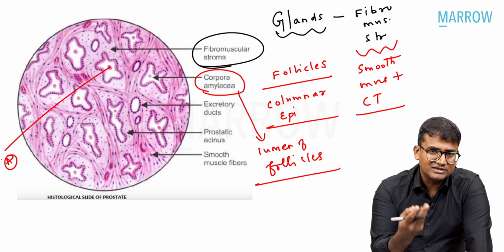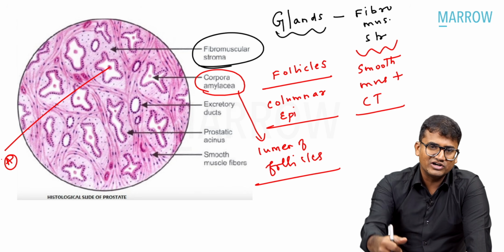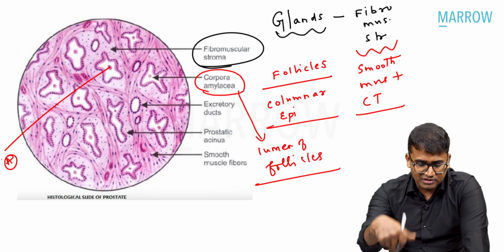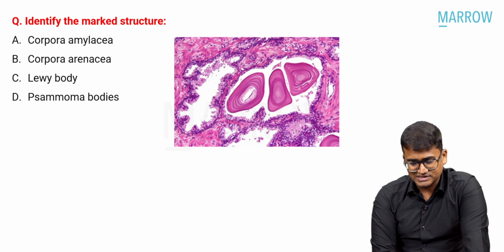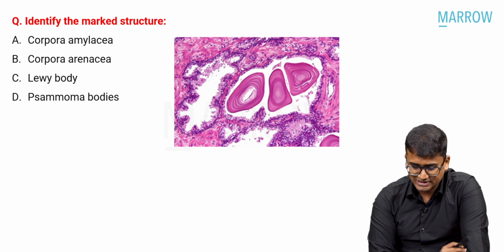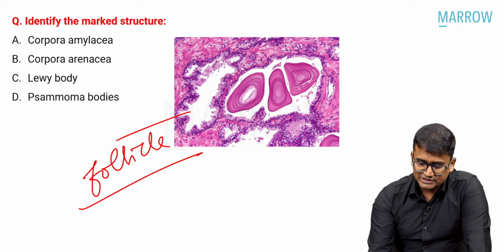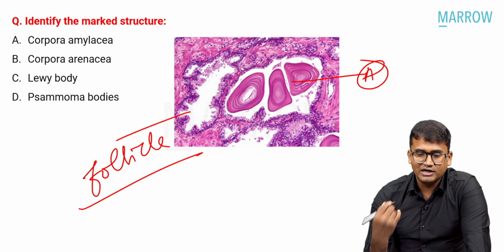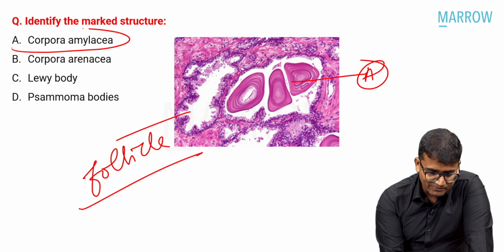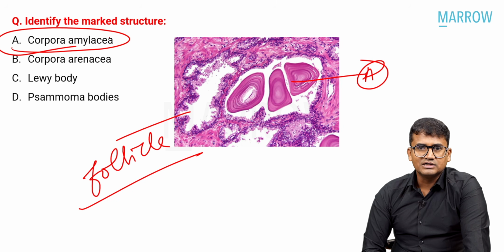They have given the follicle and we are seeing some substance inside the follicle, that is nothing but amyloid bodies or corpora amylaceae. So this is the image of the prostate gland. This is a follicle. Now, inside the follicle, yes, here is a marking, that is amyloid bodies, corpora amylaceae. That is the answer for this question.